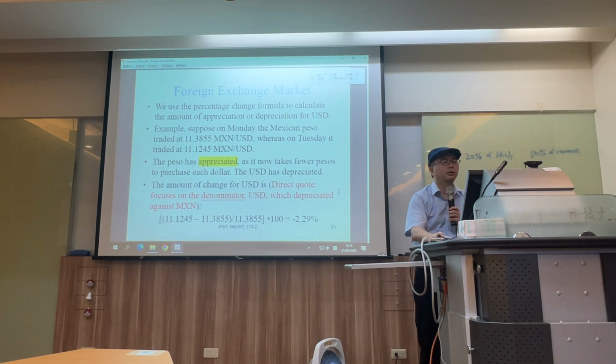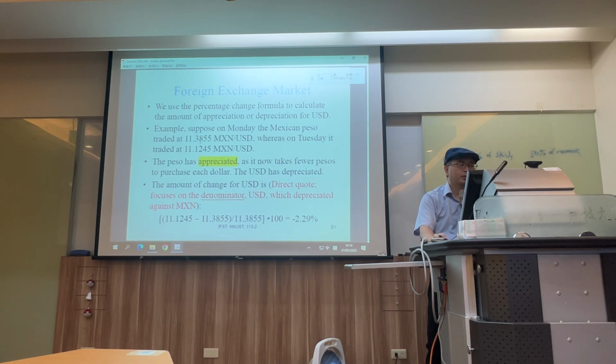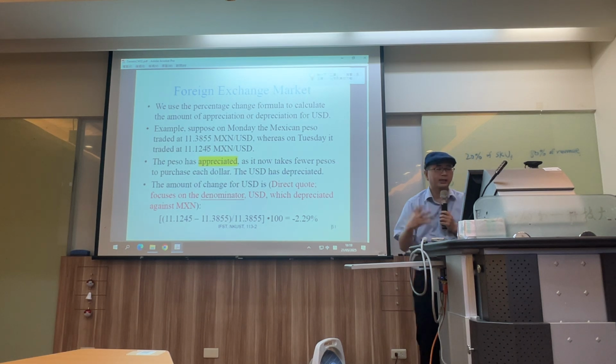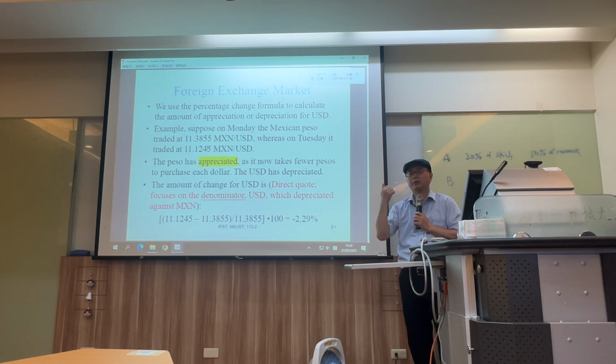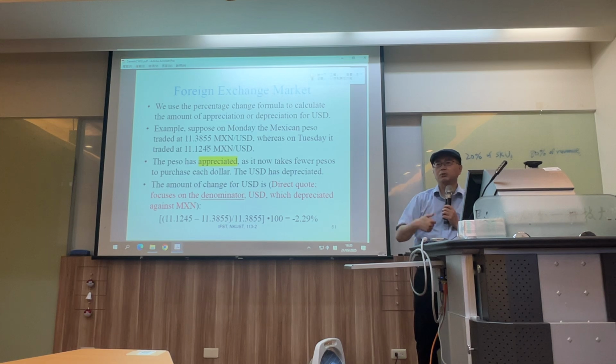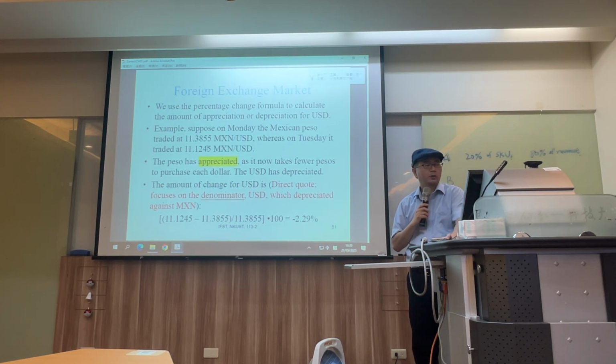And then the number going from 11.3855 to 11.1245, right? The next day. So in this case, we have to identify direction, and then subsequently we have to identify the magnitude of the change. So in this case, we actually see that the Mexican peso has appreciated, right?